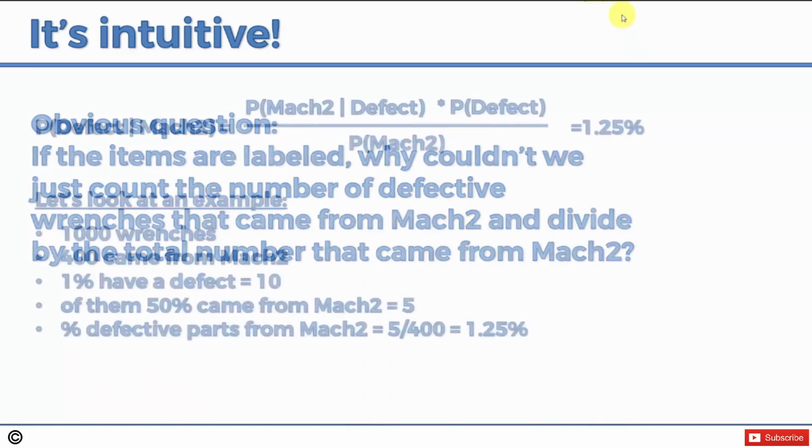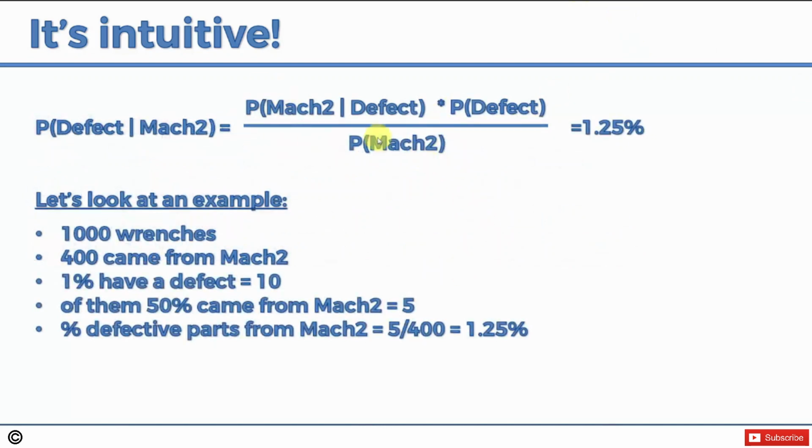So if you think about it, that's exactly what we are doing. So this is the total number of wrenches that came from machine 2. At the top, if you multiply it by the 1,000, we've got the number of machine 2 defective parts: the probability of a part coming from machine 2, given that it's defective, times the probability of it being defective. So at the top, as you remember, we got that 5.